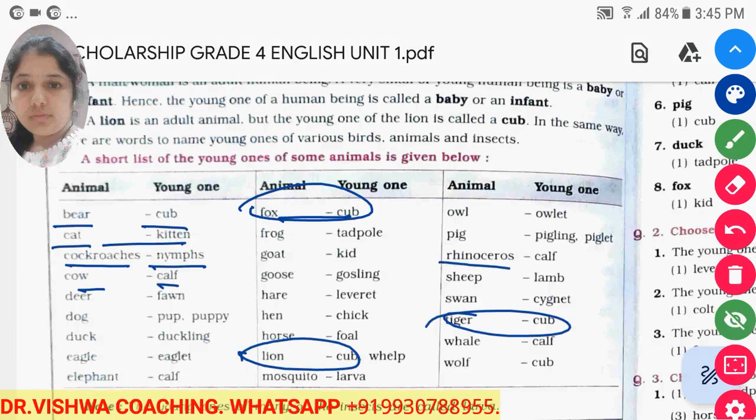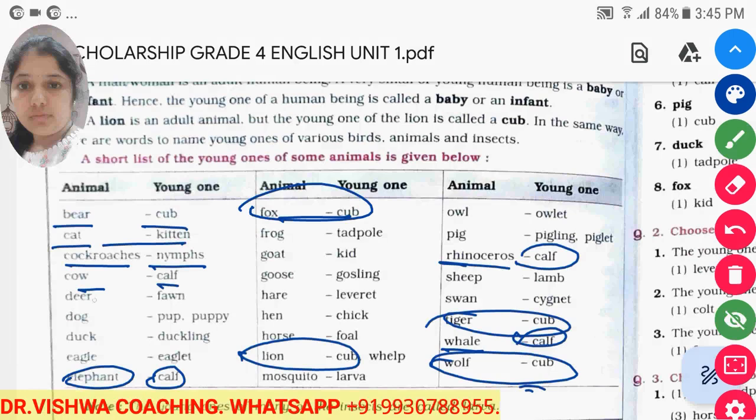Then a rhinoceros's young one is also known as calf. A whale's young one is also calf. An elephant's young one is also calf. And a wolf's young one is known as cub.